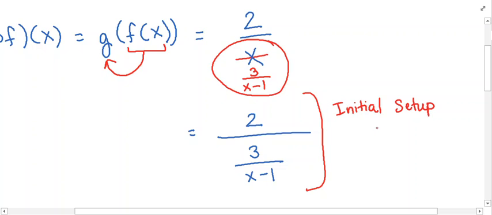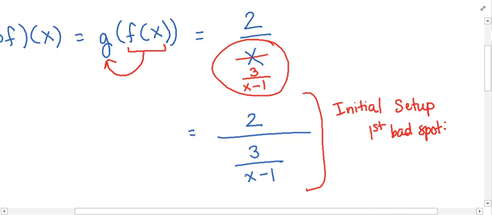Our first bad spot, usually you can just eyeball it. You've got a fraction within a fraction. The top is 2, the bottom is 3 over x minus 1.